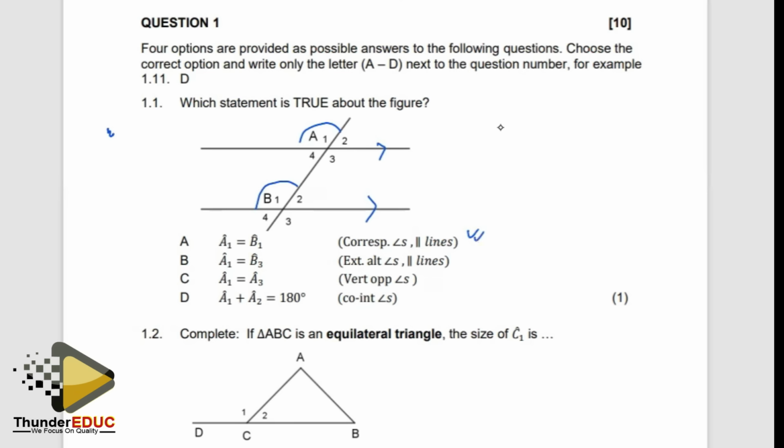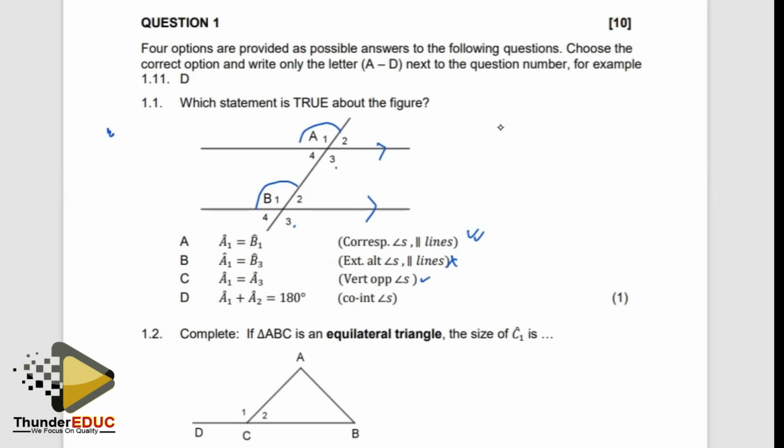A1 the same as B3? A1 is going to be the same as B3, but with exterior angles, no. The reason is wrong. A1 is the same as A3, vertically opposite angles. That is correct.